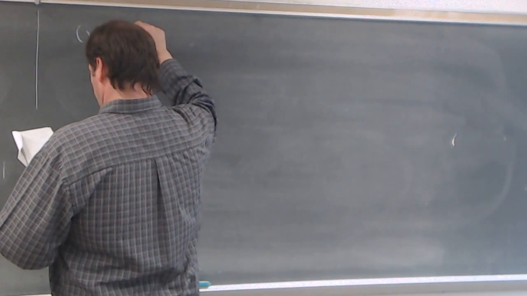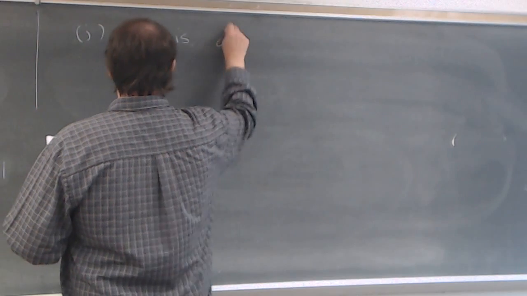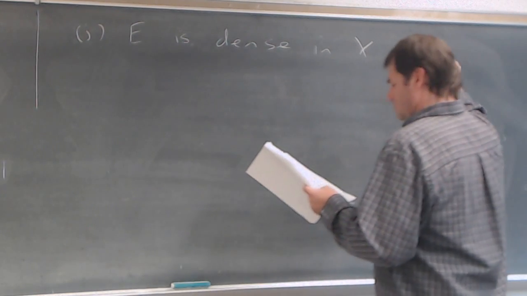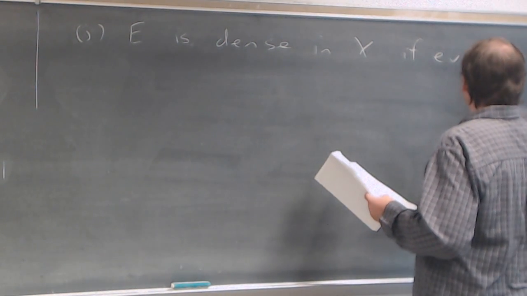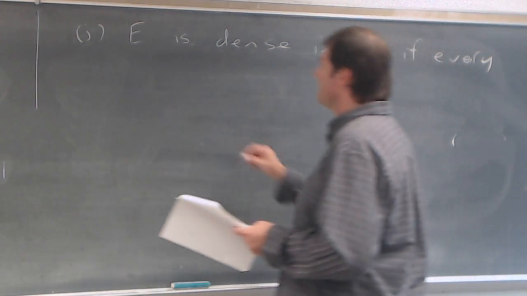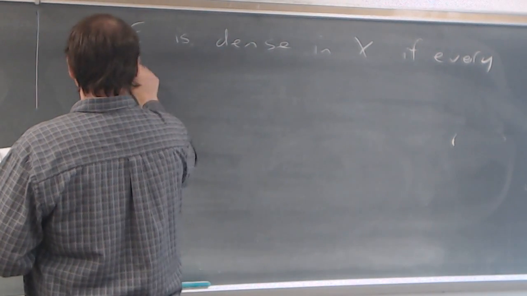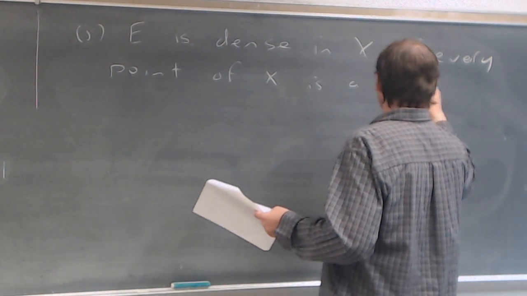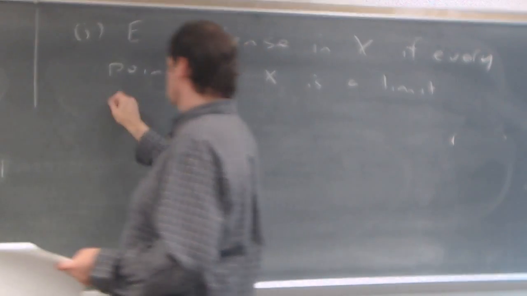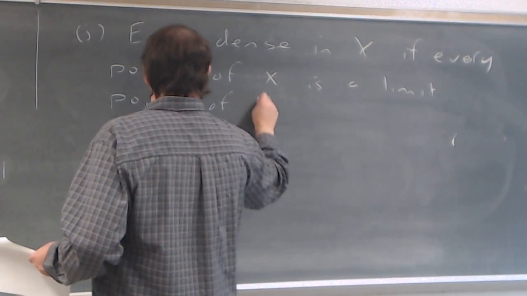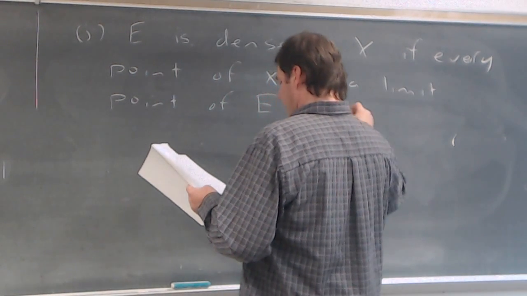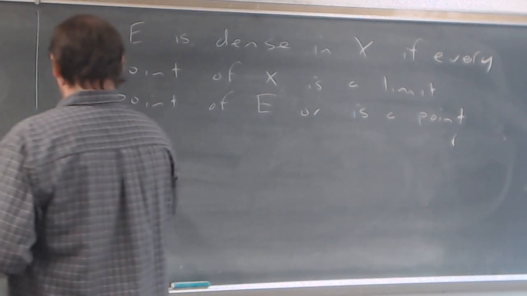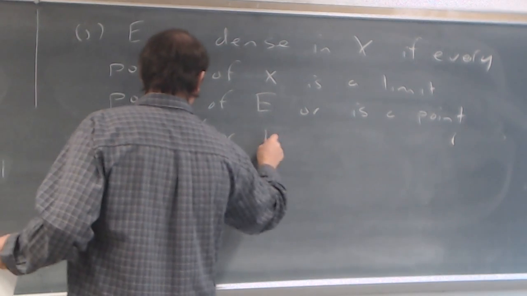The next definition is that a set E is dense in X if every point of X is a limit point of E or is a point in E, or both.